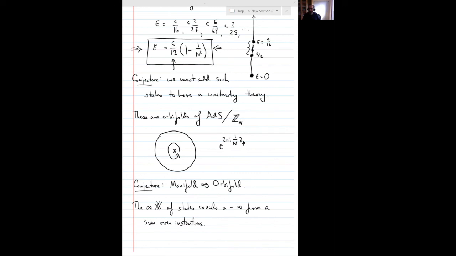It turns out that the minimum energy a state must have in order to not be able to form two-particle bound states is that its energy must be bigger than C over 16. These energies are precisely those that have the property that they can't form bound states. Now, the question though was whether you can sum these massive states to form a BTZ black hole.